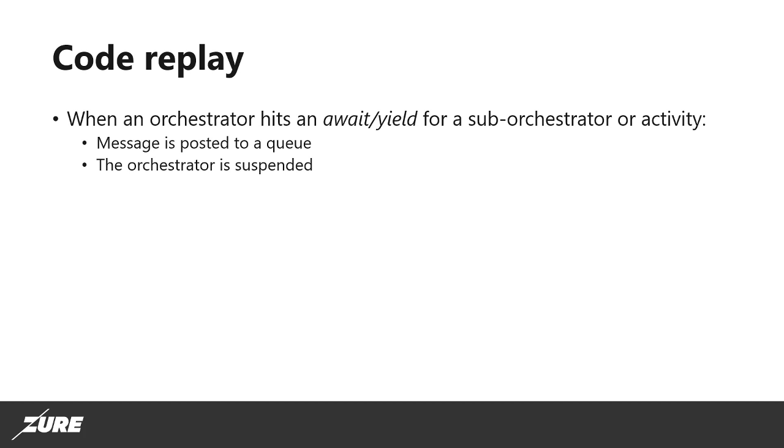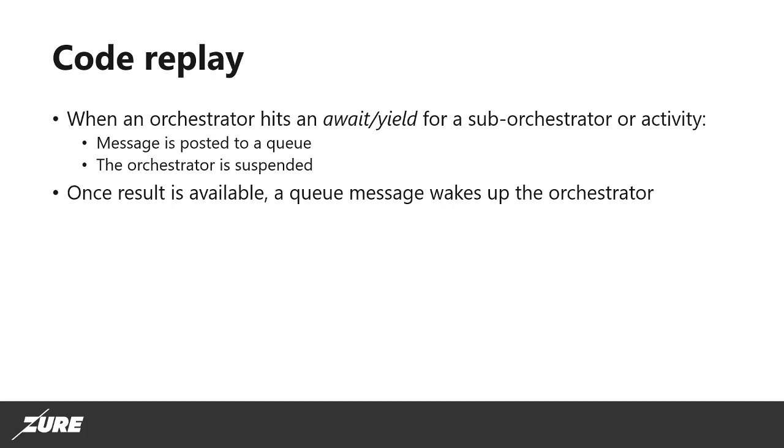It will simply not run anymore. So the orchestrator is not waiting for those to complete. It is actually not running. Once a result is available from the activity, for example, there will be another queue message that then wakes up the orchestrator.